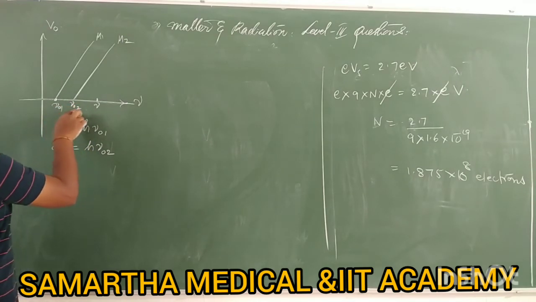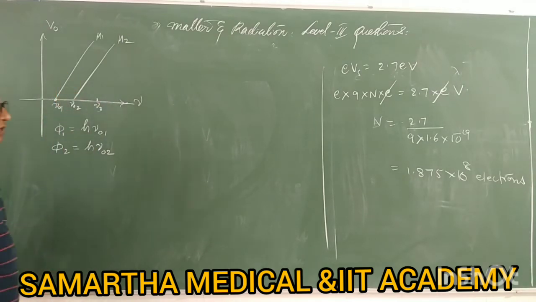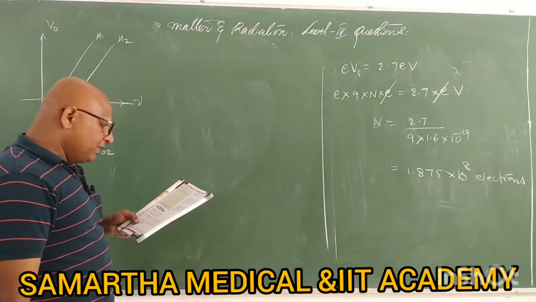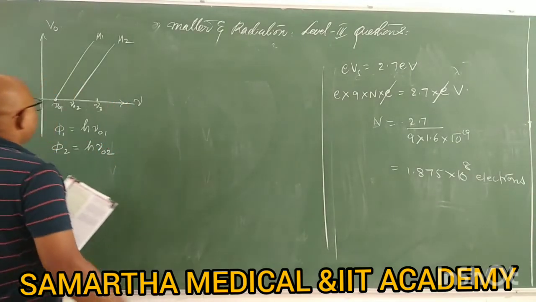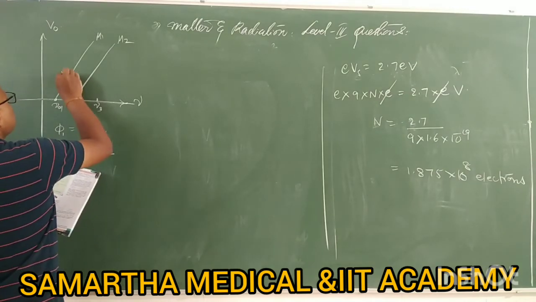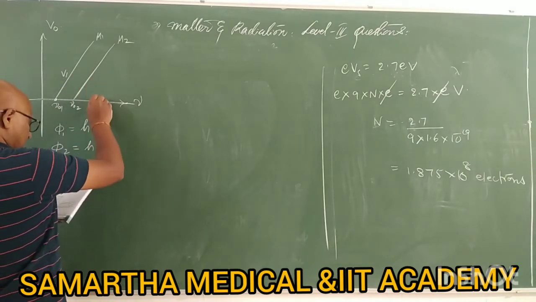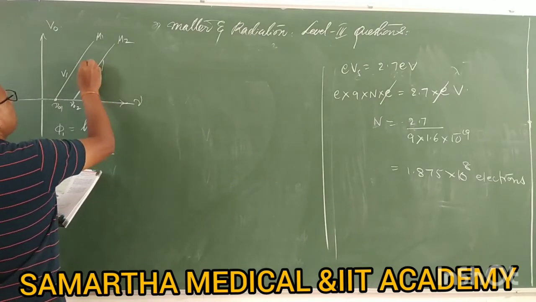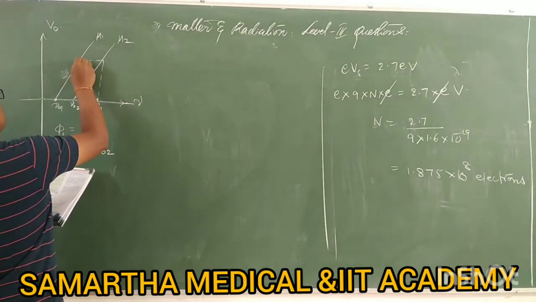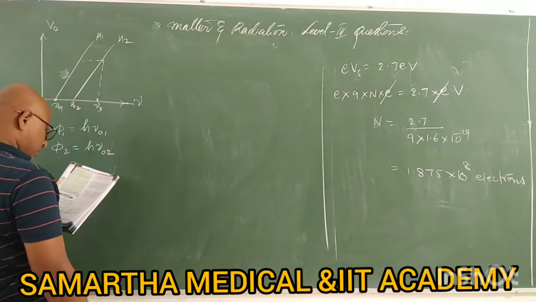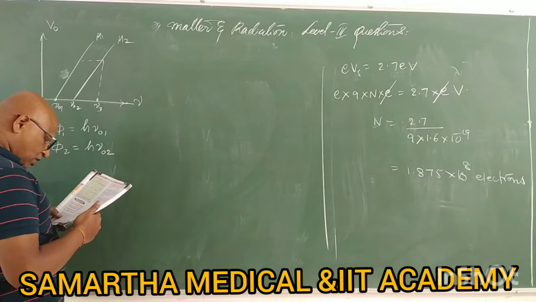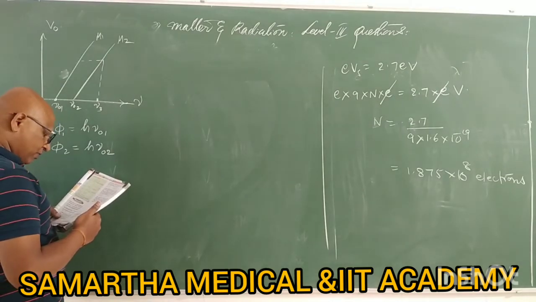This is nu naught 1, nu naught 2, there is some frequency called nu 3 which is greater than that, and for the incident radiations the stopping potentials are V1 and V2 respectively. Then the slope of the line is equal to what?